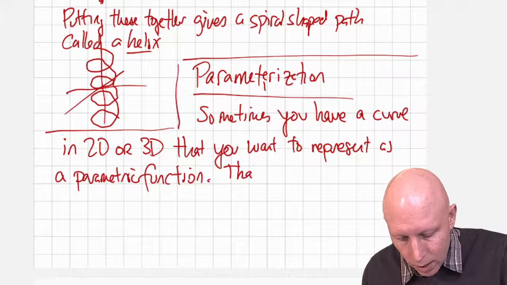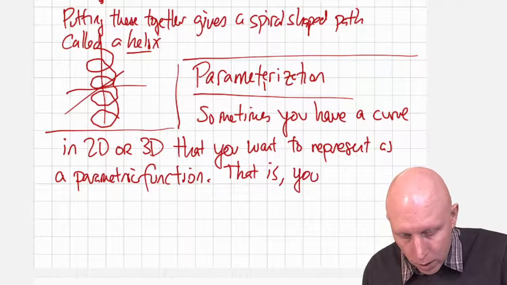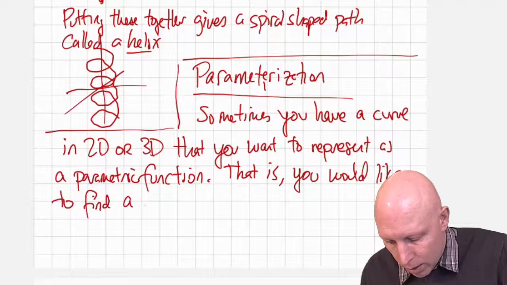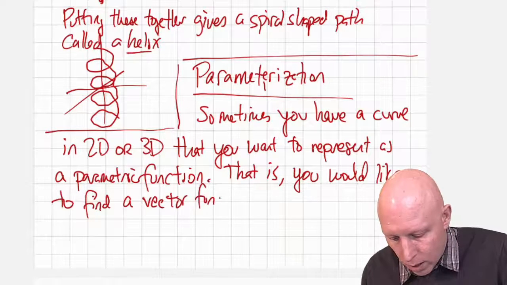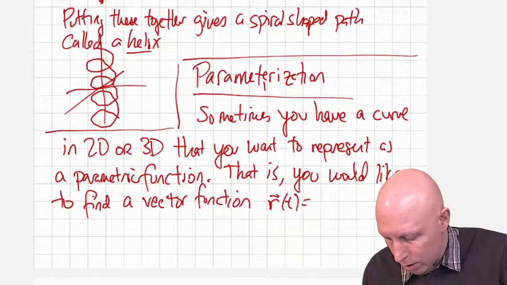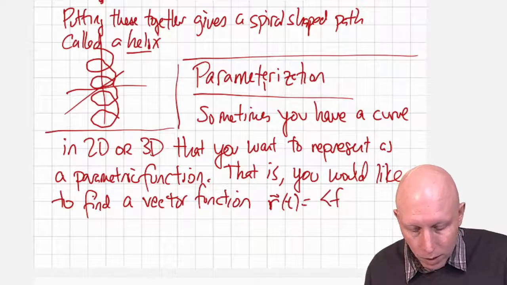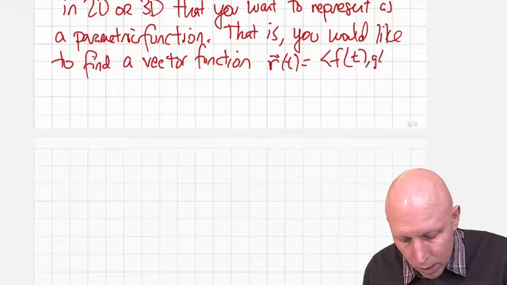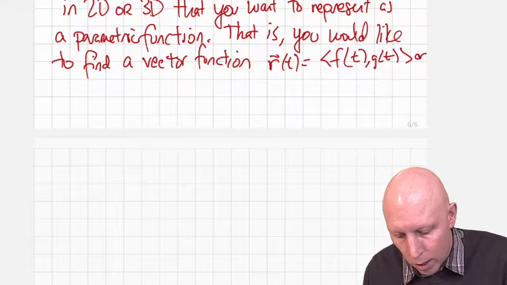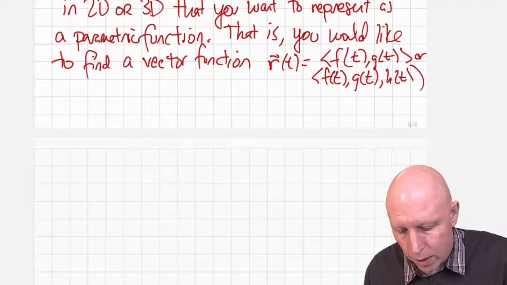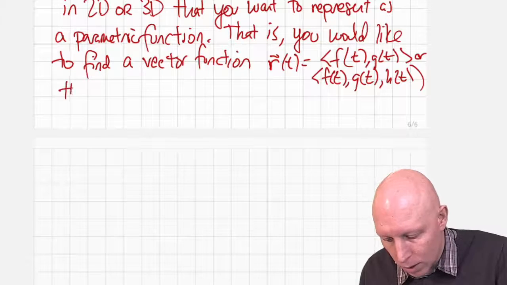So that is, you would like to find a vector function R of t is equal to f of t, g of t, or f of t, g of t, h of t, that travels along the curve.